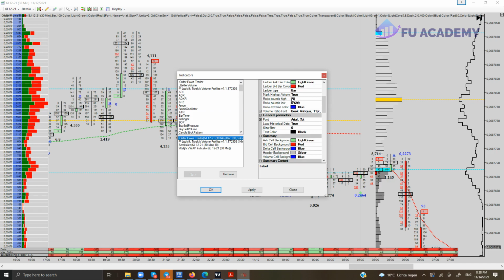Ratio bounds high is 28 and ratio bounds low is 0.699, and the color is blue. That means when the ratio is 28 or higher, the color will be printed as blue, and when the ratio is less than 0.699, the color will also be printed as blue.